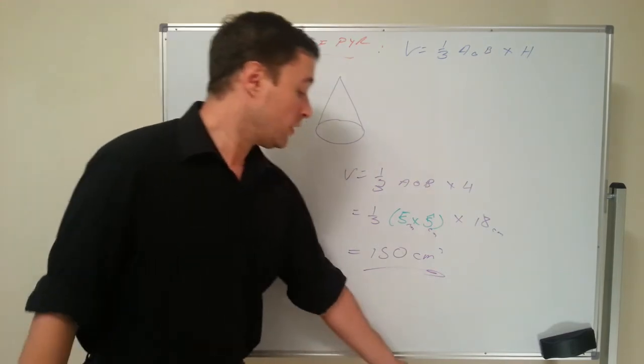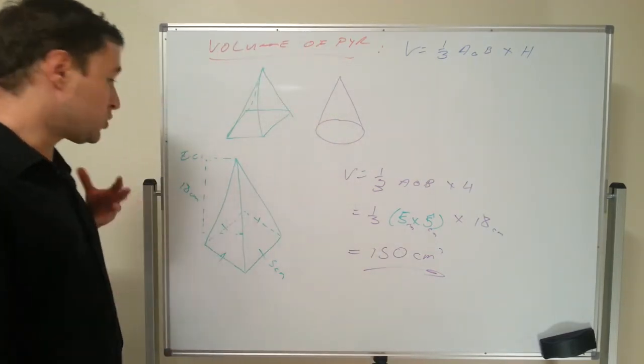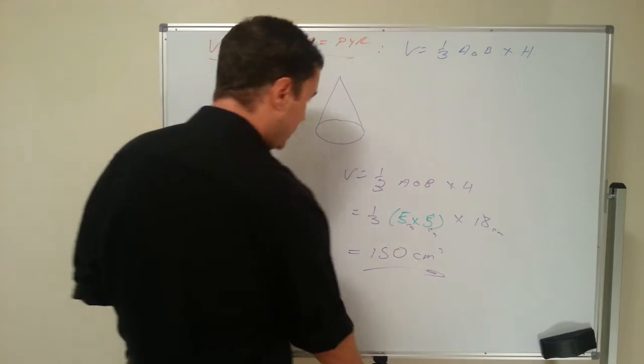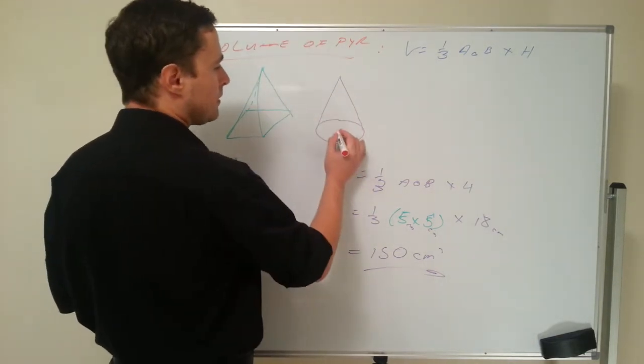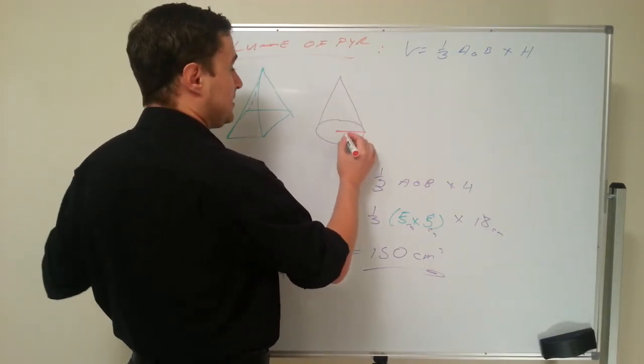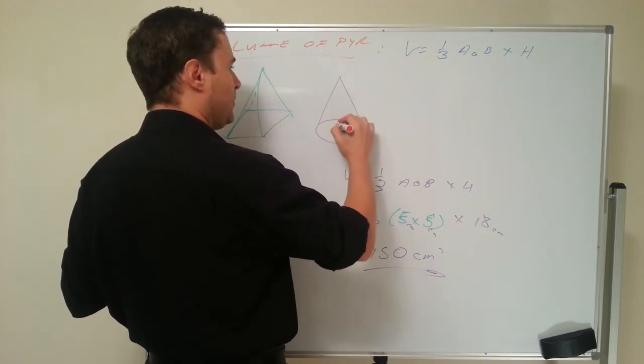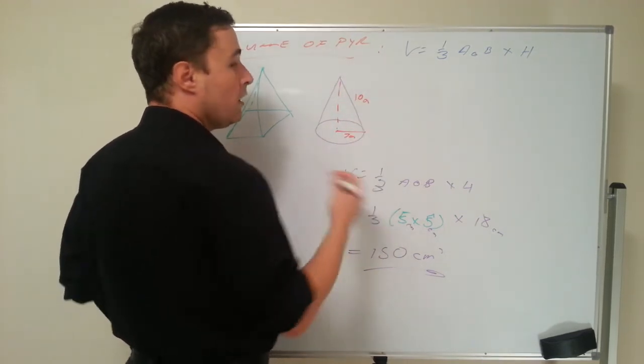Piece of cake. So it doesn't matter if I've got that. If I had a circular one, let's just quickly look at it. If I had a circular pyramid with a radius of, let's say, 7 centimeters and a perpendicular height of 10 centimeters, what would be my volume?